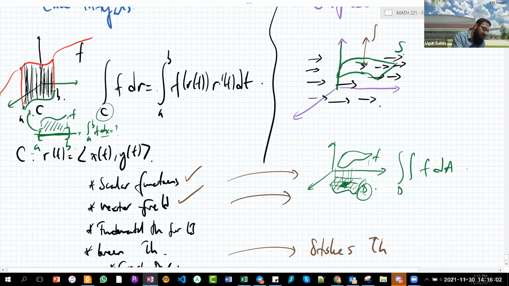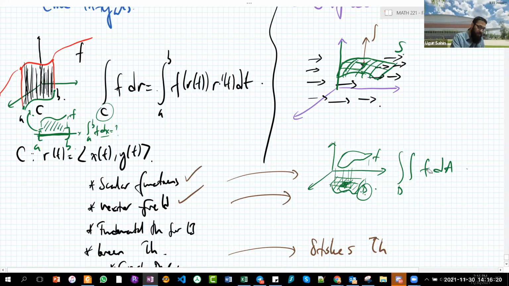If I want to make a grid over S, these are not rectangles. But still, I could use a similar idea to what I did here.